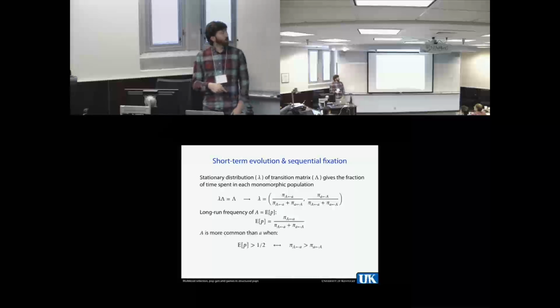If we want to make an evolutionary success condition out of this, then we want to know that big A is going to be more common, more successful. So its frequency has to be greater than 1/2.